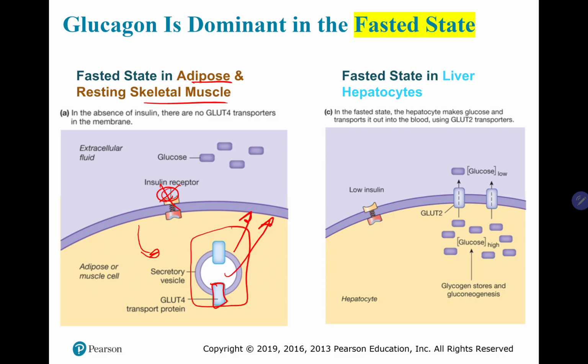Now, in a fasted state in the liver, these hepatocytes make glucose and transport it out into the blood using these GLUT transporters. Because remember, these GLUT transporters are always within the cell membrane in a hepatocyte, and these are facilitated diffusers. So glucose is going to want to move down its concentration gradient.